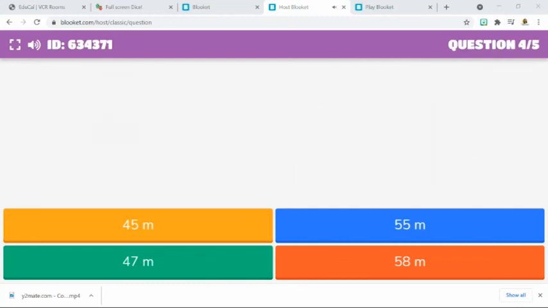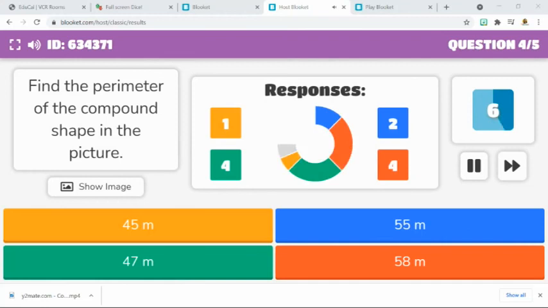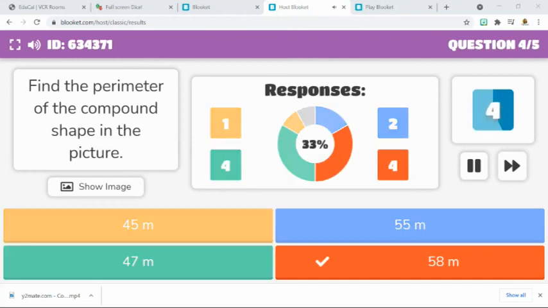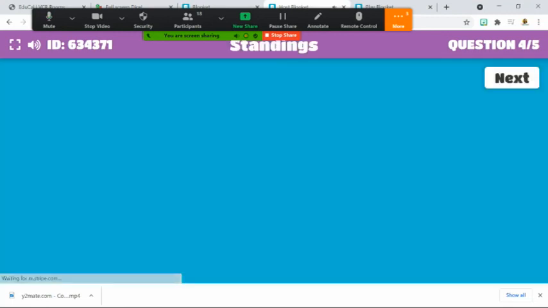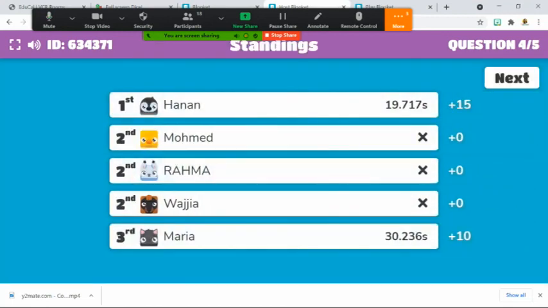And the correct answer is 58 meters. Okay. Teacher, I add everything, but I forget to add one thing only.